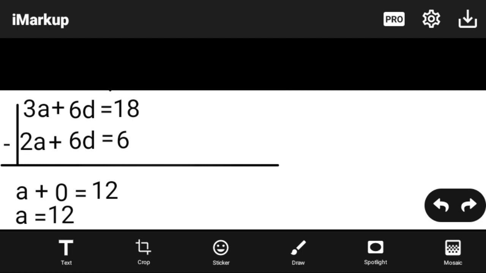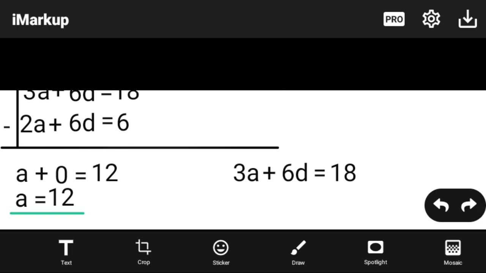So for me, I'll pick the first equation, which is 3a plus 6d is equal to 18. So I'll pick this first equation, then I'll say 3, where there is a there, I'll put 12, which is the first term.